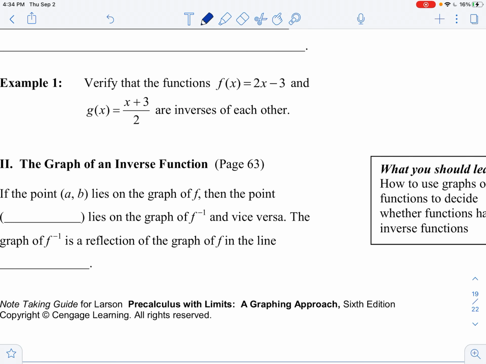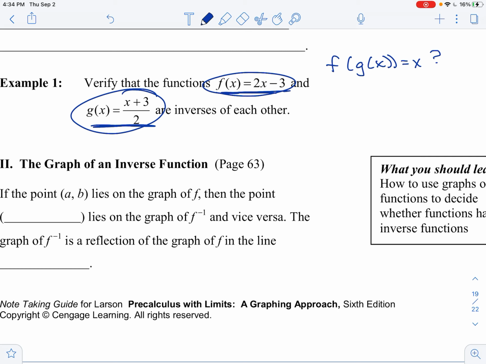So let's do example number 1. If f of x equals 2x minus 3 and g of x is (x plus 3) over 2, let's determine if they're inverses of each other. So I'm going to look to see if f of g of x equals x. Remember, we write the outside first, so 2x minus 3.